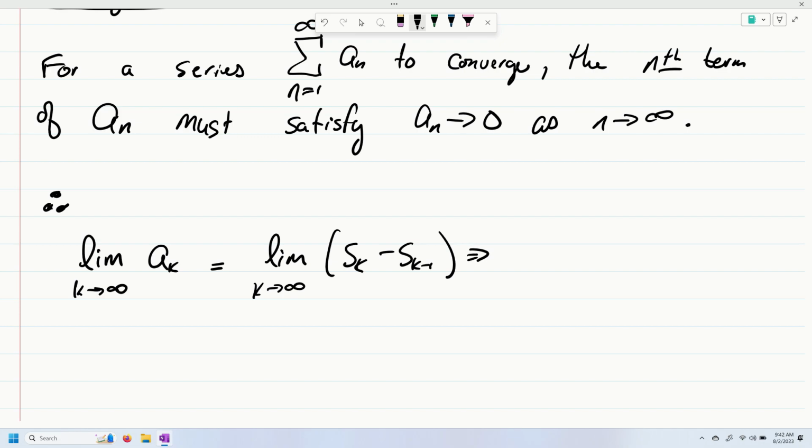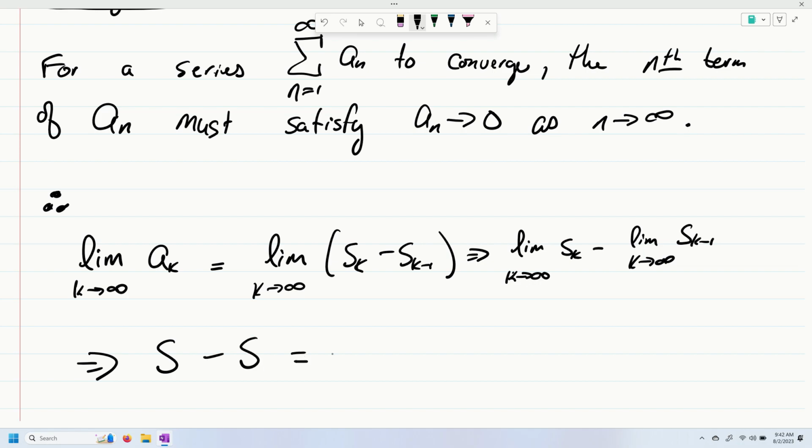We can distribute the limit, so we're going to distribute that limit to each one of these. And what happens is the limit as k goes to infinity of s_k is going to equal s, and then the previous term is also going to be s, and s minus s equals 0.